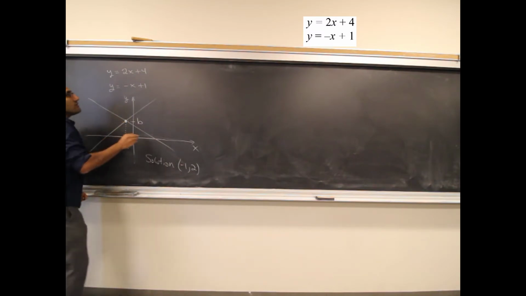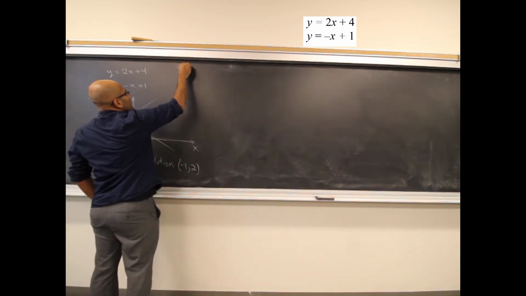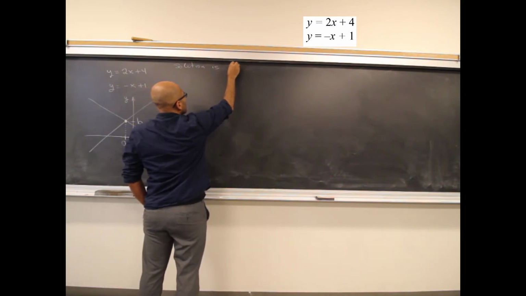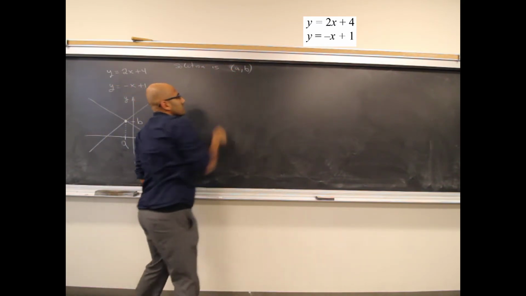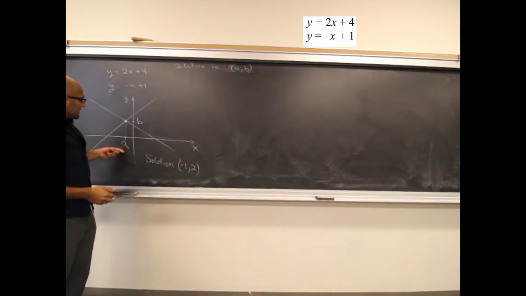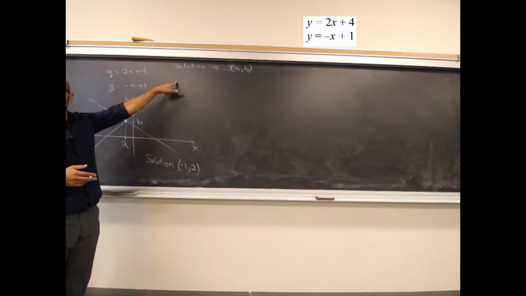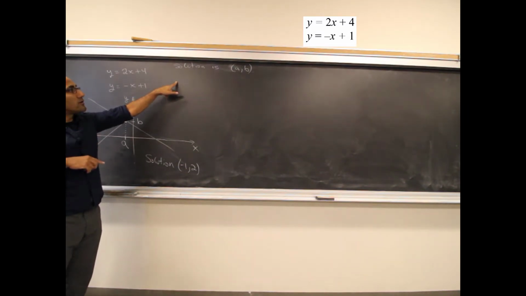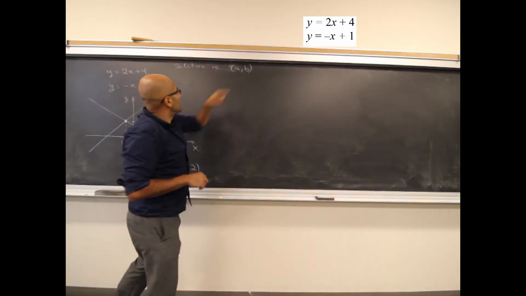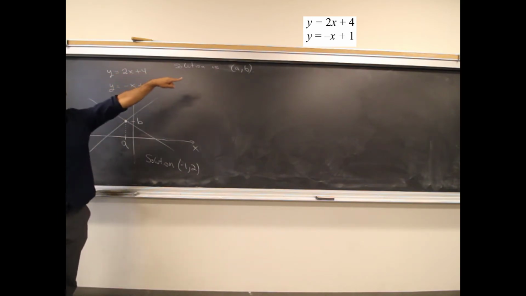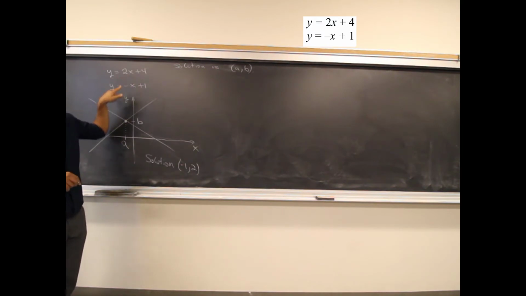So we're going to say the solution is A comma B. That's the answer. If that's in fact the solution, as we saw before, where this was negative 1, 2, then that must mean that if I replace the x and y with those specific values, I'll get a true statement there and a true statement there.